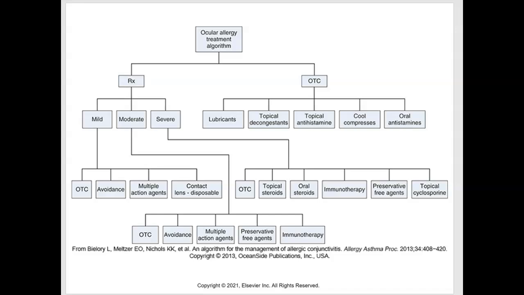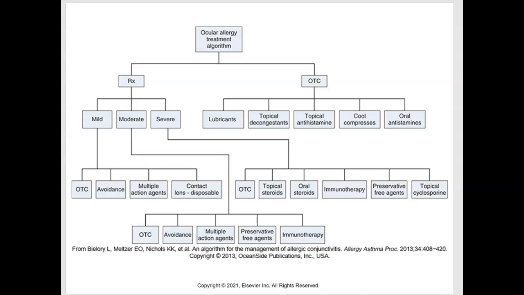If they have moderate symptoms, then they start talking about still the potential for over-the-counter, avoidance, multiple action agents. We want preservative-free agents, and then we can even consider immunotherapies. If these people have severe kind of refractory symptoms, we talk topical steroids, oral steroids, immunotherapy, again, preservative-free agents, and even topical cyclosporin. So that's a nice little algorithm for y'all to have there too.